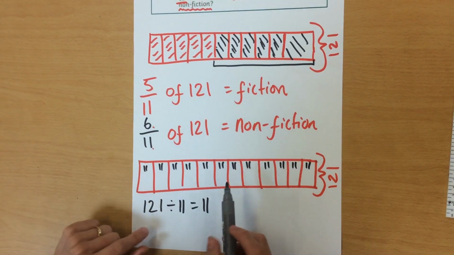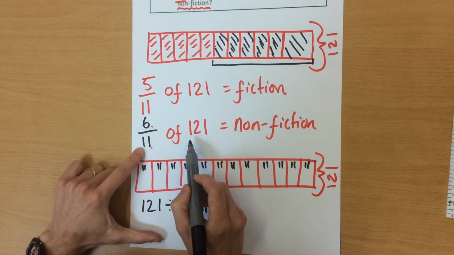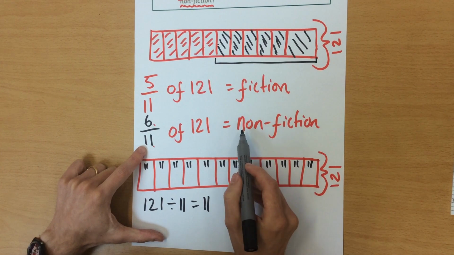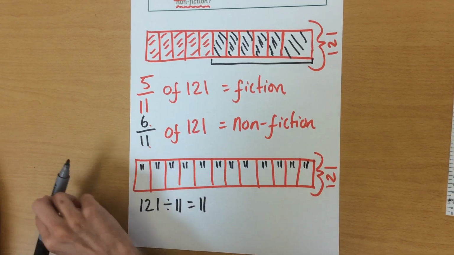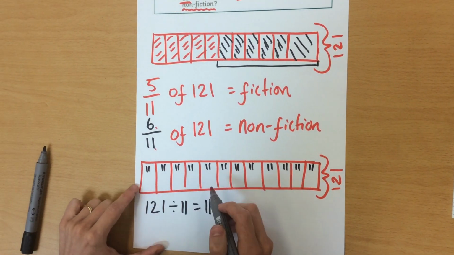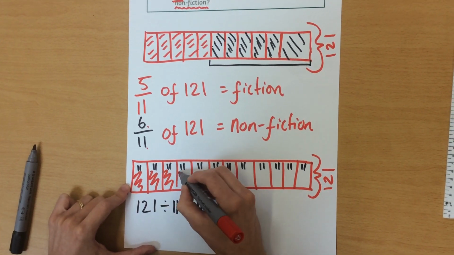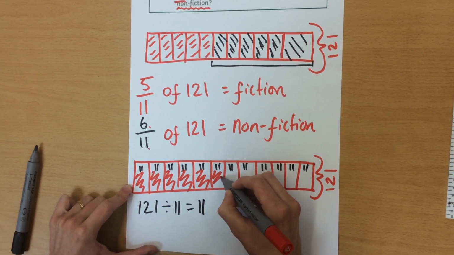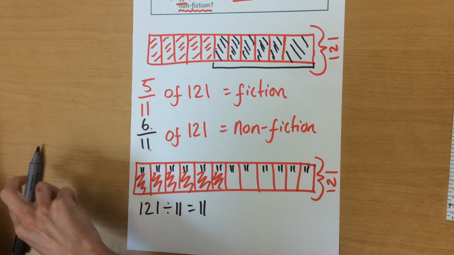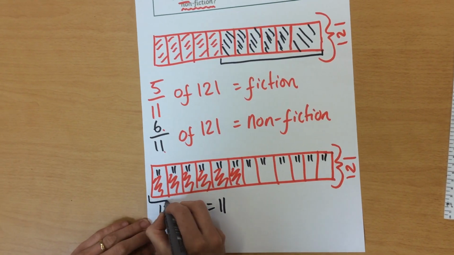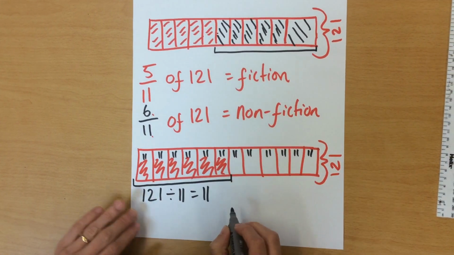Now then, I can go back to my question. 6/11 of 121. That's my non-fiction total. So I now need to shade in 6 of these. So there's 1, 2, 3, 4, 5, 6. This is the total amount of non-fiction.